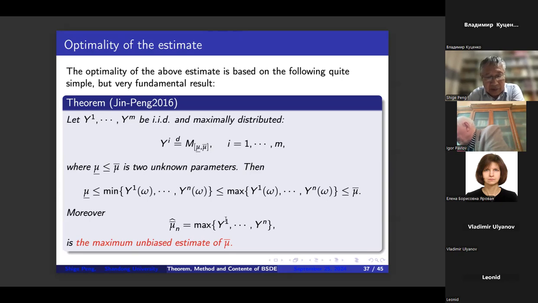The case of a maximum comes from the maximal distribution.